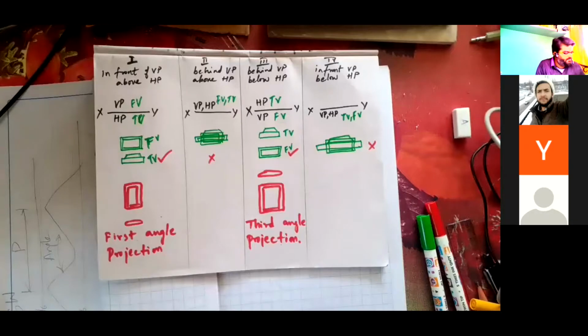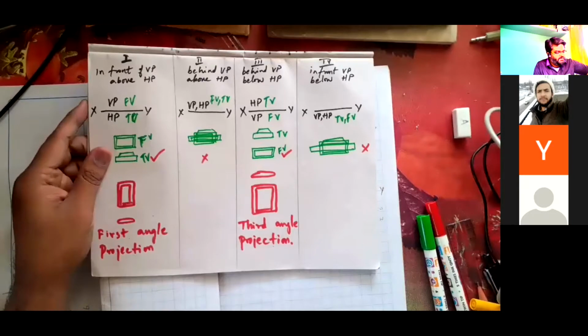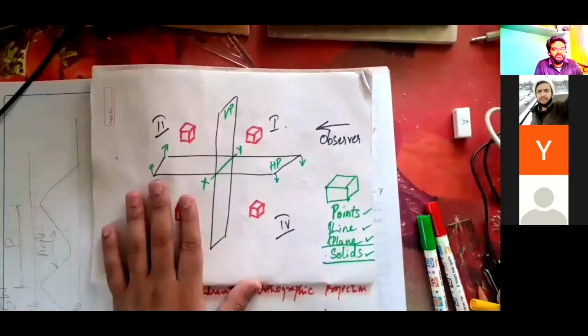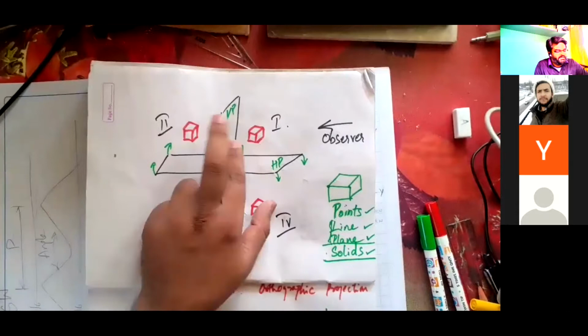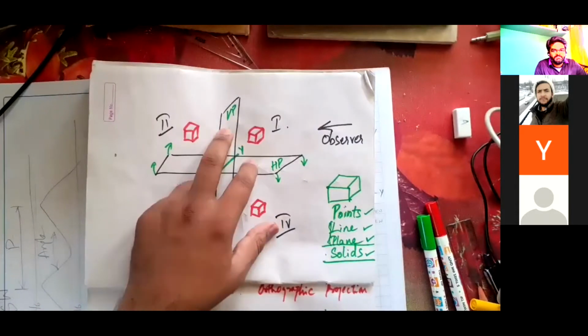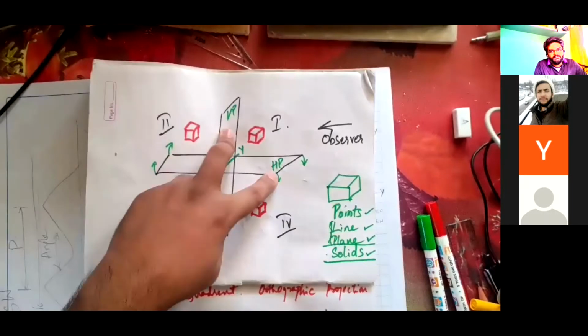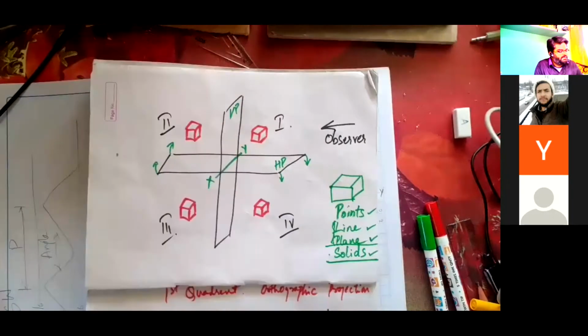See, these are the four quadrants in which you are imagining the objects to be and representing its views. In first quadrant, you get some front view and you get some top view. In order to convert it into a 2D drawing, you are supposed to rotate the horizontal plane in clockwise direction. So when you rotate the horizontal plane in clockwise direction, you get vertical plane above, horizontal plane below.